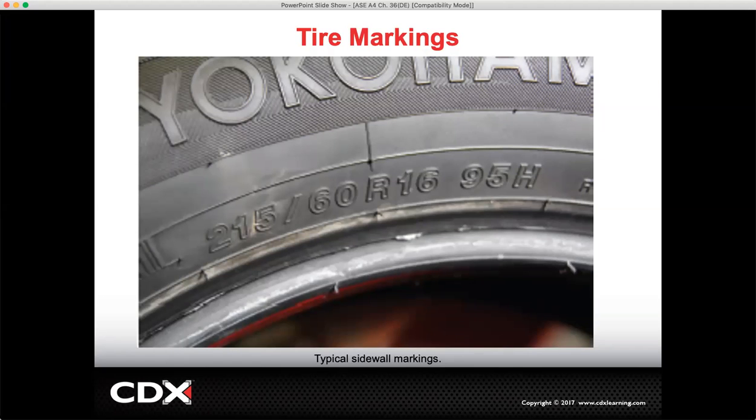All tires meeting legislative codes must have the following information clearly marked on the sidewall. They need to have manufacturer or brand name, International Organization for Standardization, the ISO tire class, section width, and the aspect ratio.